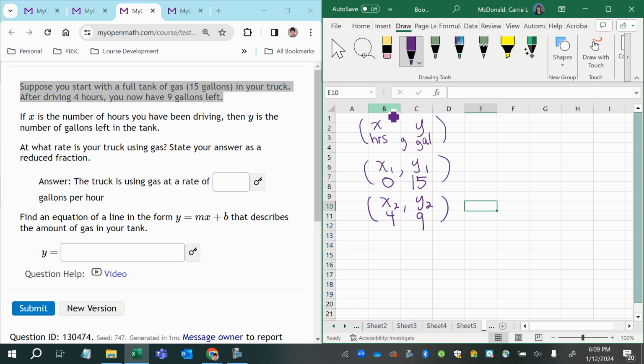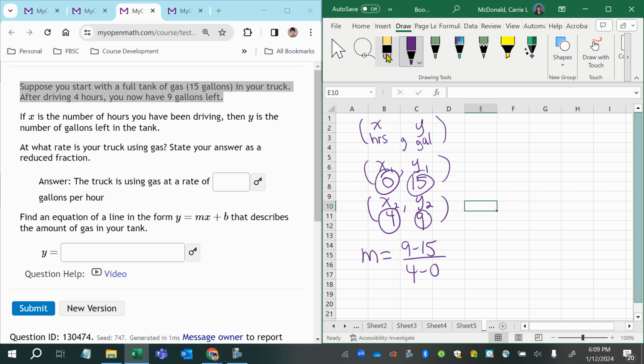So we find our slope by subtracting the two y values. So 9 minus 15 on the top, and then 4 minus 0 on the bottom.